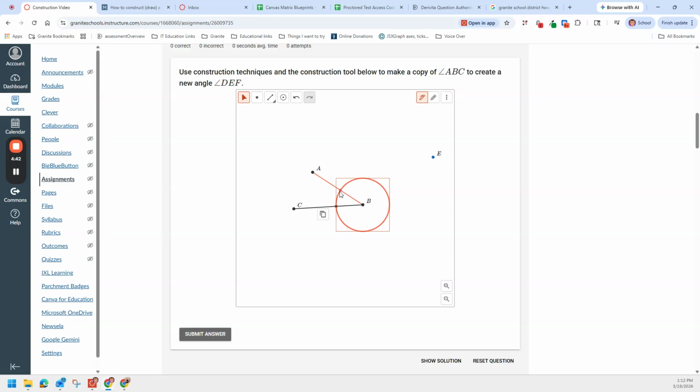Now you'll notice that created two points on these lines. Before I do anything else, let's get rid of that. I want to take this circle that I've just made here on B, and make that same circle over here on E.